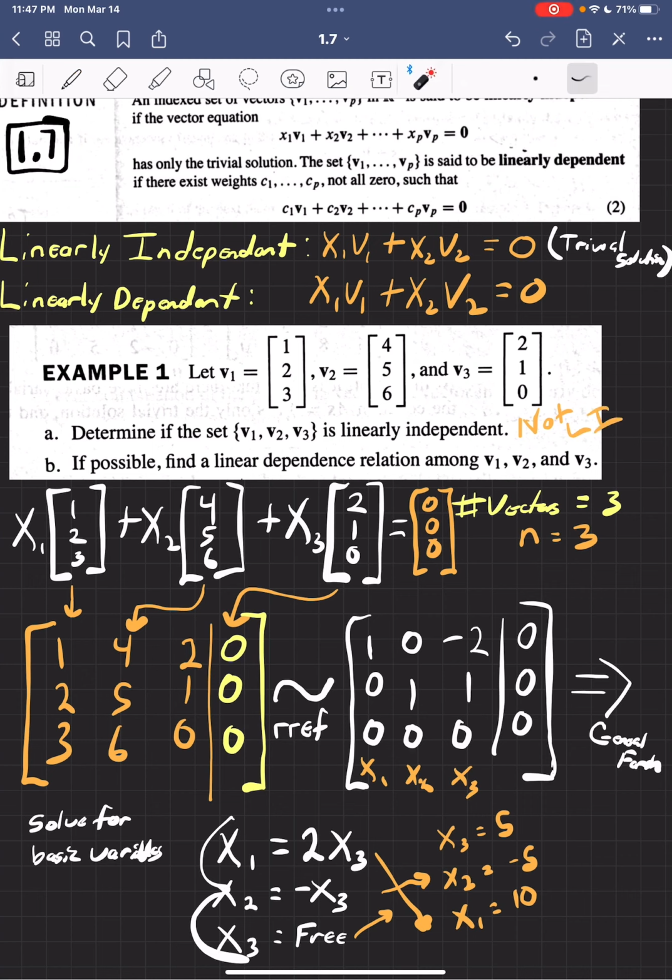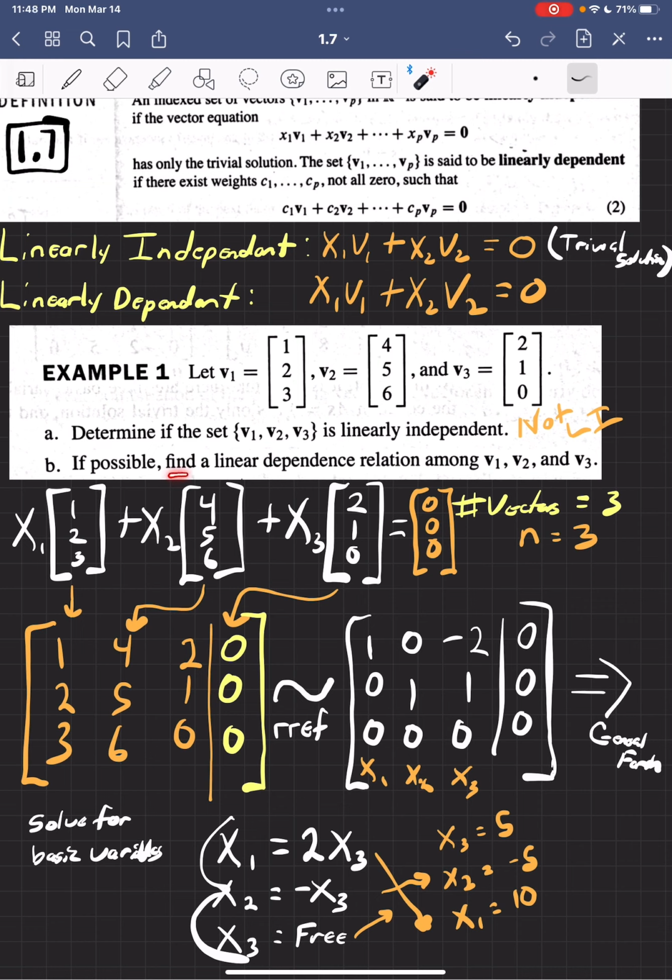Now, the good news is we've already done most of the heavy lifting for part B. Part B says, if possible, meaning if it's not linearly independent, find a linear dependence relation among these 3 vectors. Can you imagine getting to a test and freezing up with this statement?